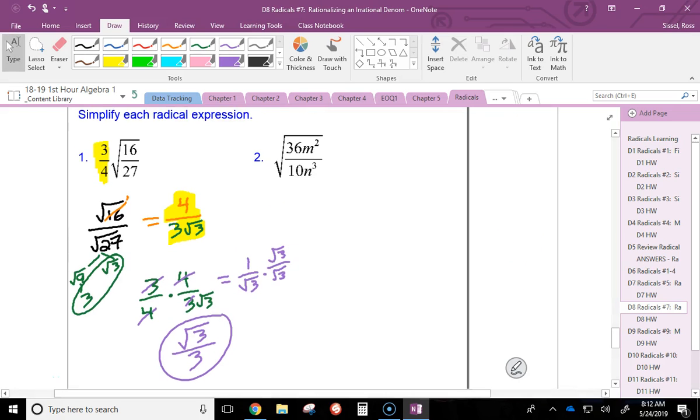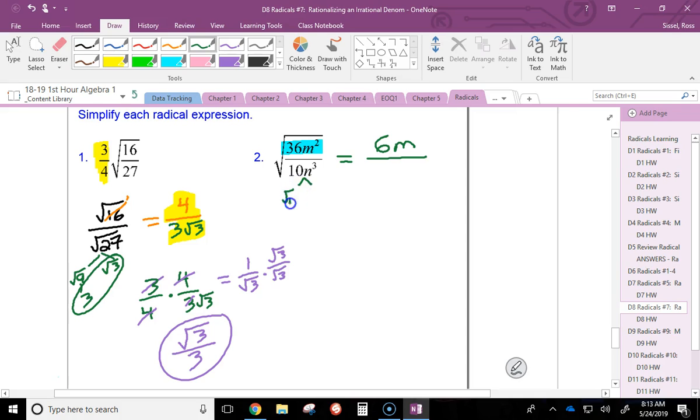Okay, very last one. Simplify our numerator first. What would the square root of 36m squared be? 6m. Square root of 36 is 6. Square root of m squared is m. Can I simplify anything on the denominator? Yeah, so you take n to the second half and then move n outside.